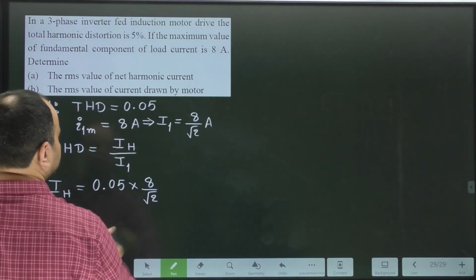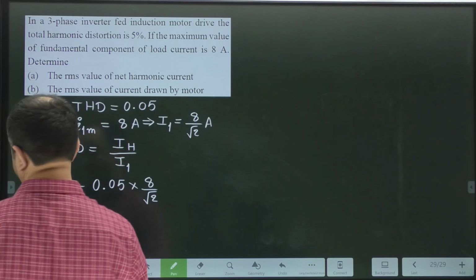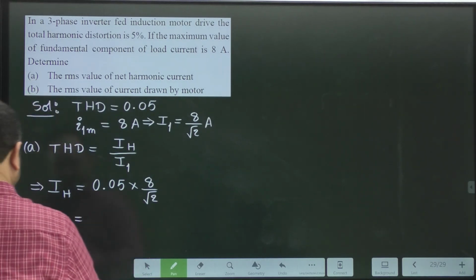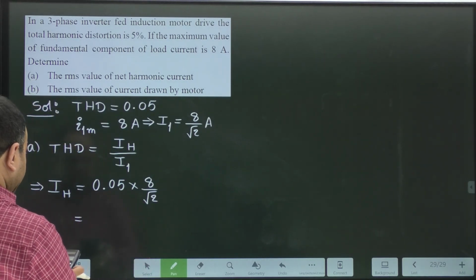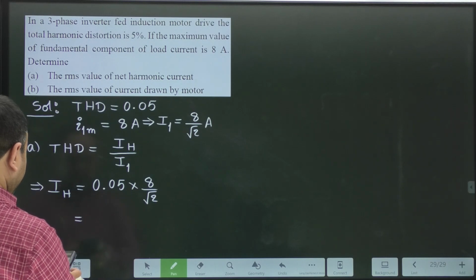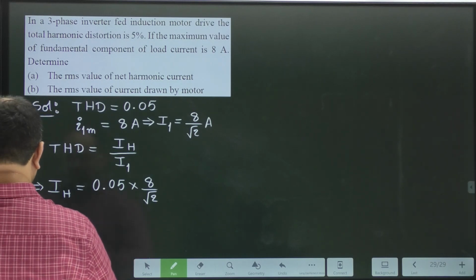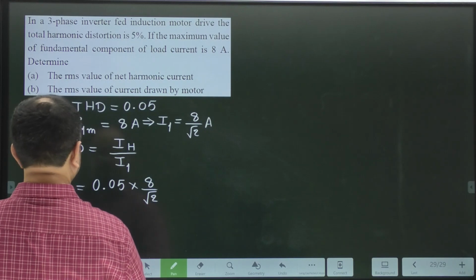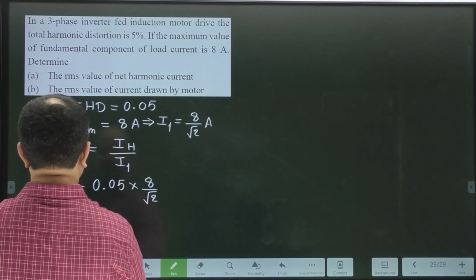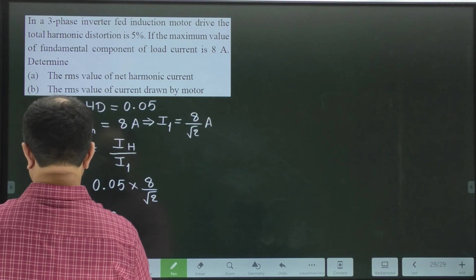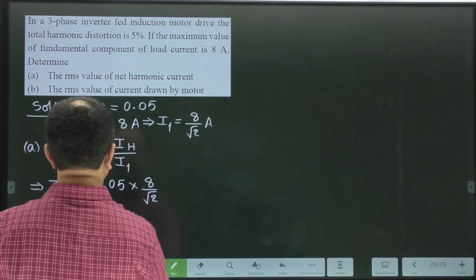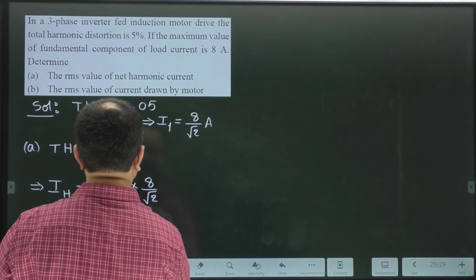Okay. So what is this value? Let me simplify. 0.05 into 8 divided by root 2. This is 0.2828 ampere. Okay.